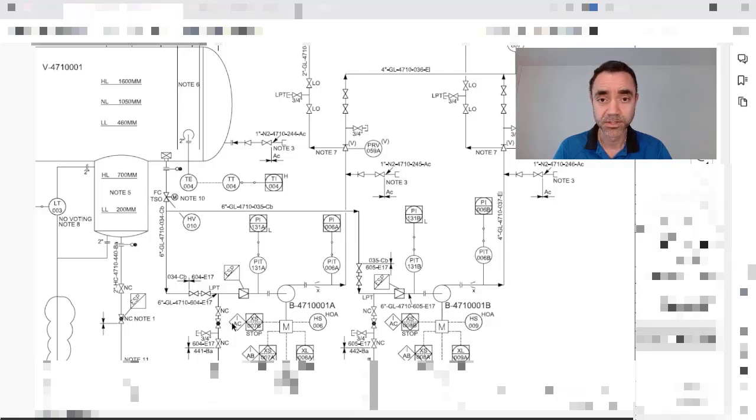So in normal operation, this gate valve will be closed, the second one will be closed, and there is here a vent valve or a bleed to verify if the system was drained.